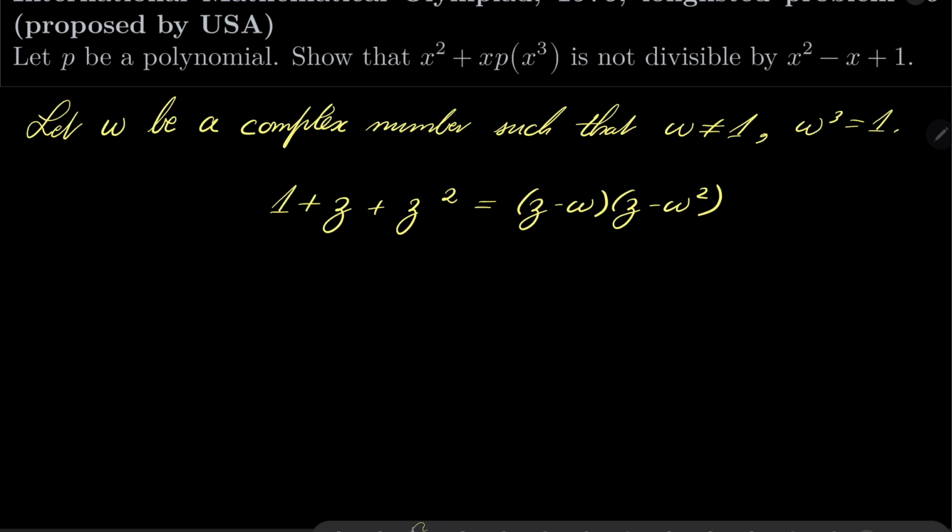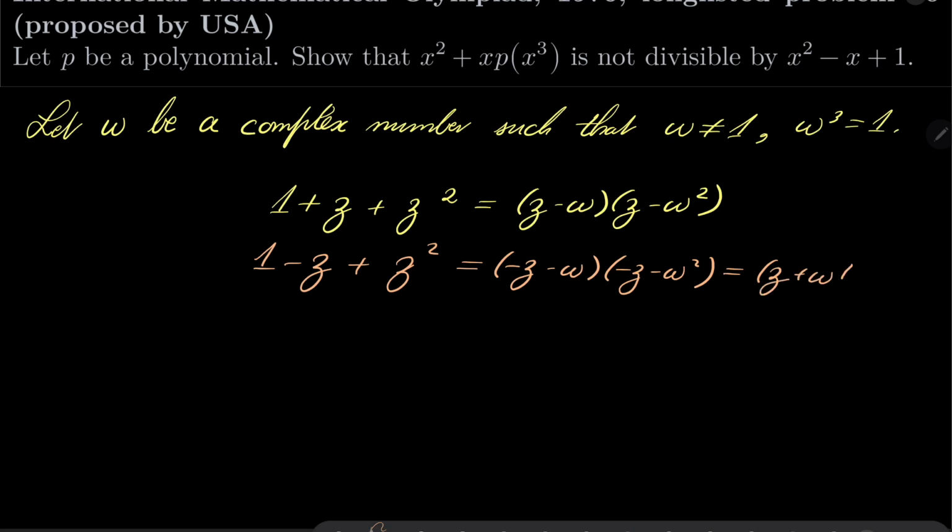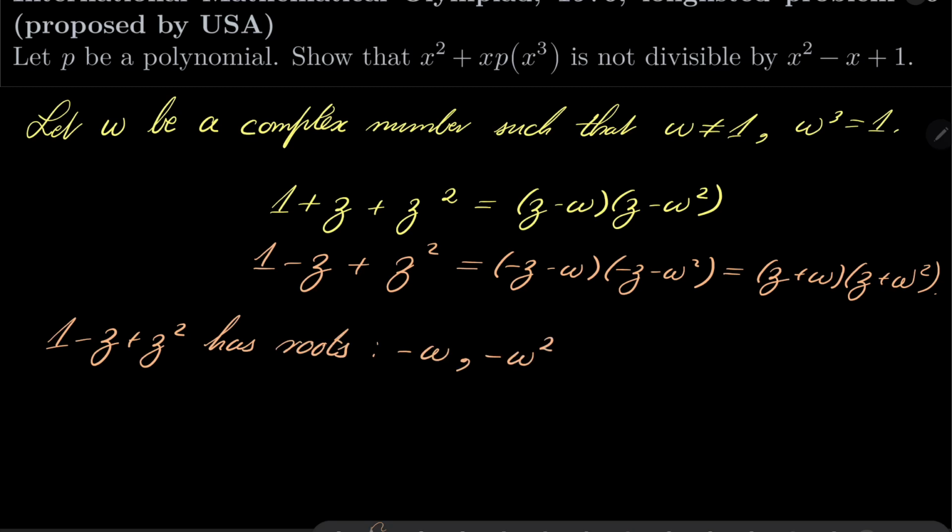And furthermore, if I replace z by minus z, then I will have minus z minus omega squared, but this is the same as z plus omega squared. Alright, so we know that 1 minus z plus z squared has roots minus omega and minus omega squared.